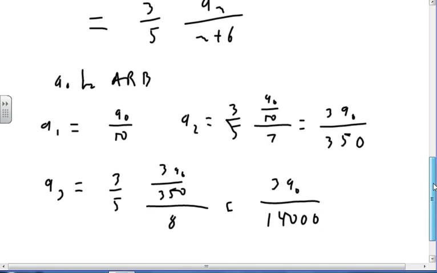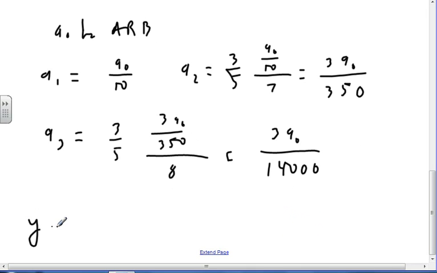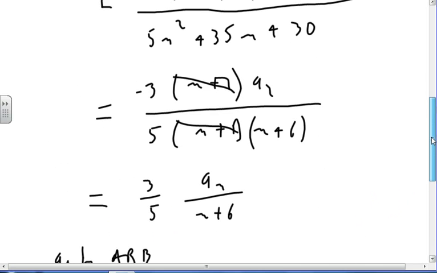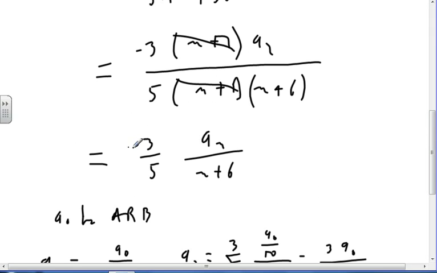All right, so we say that y is equal to A0 plus A0 over 10x plus, is this even possible? This can't be possible. Something's wrong. What's wrong? There's a minus sign sitting right here.